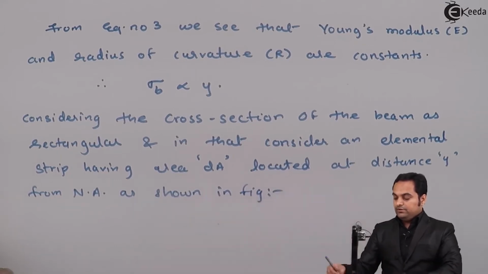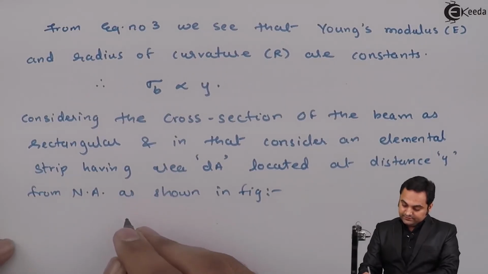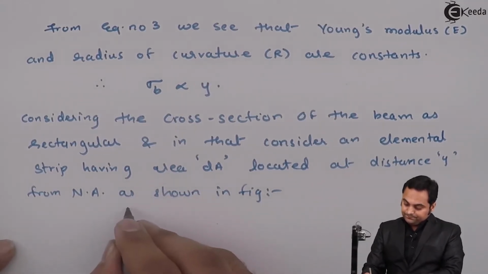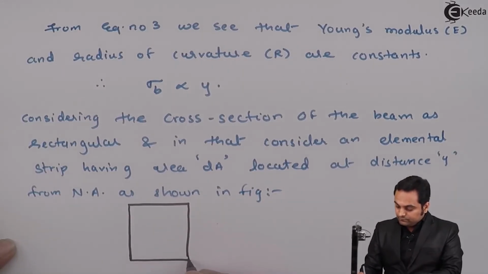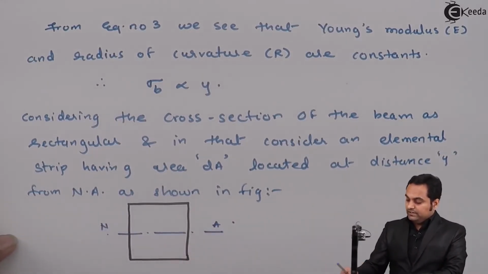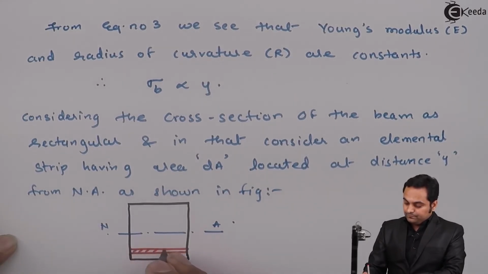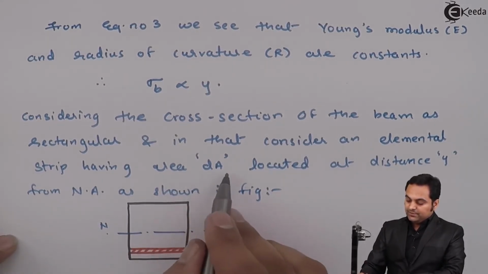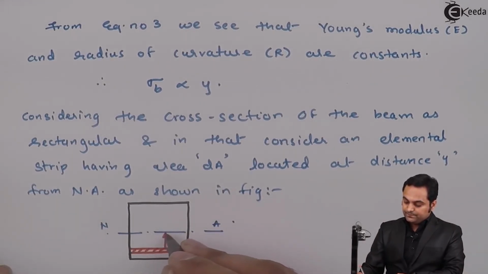So here I am going to consider the cross section of the beam as a rectangle. Here we have the neutral axis. In that I am considering a small area or a small strip. Now this small strip has area dA and it is located at distance y from the neutral axis.